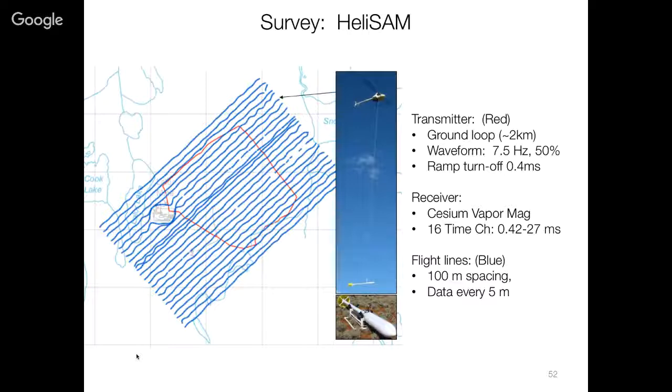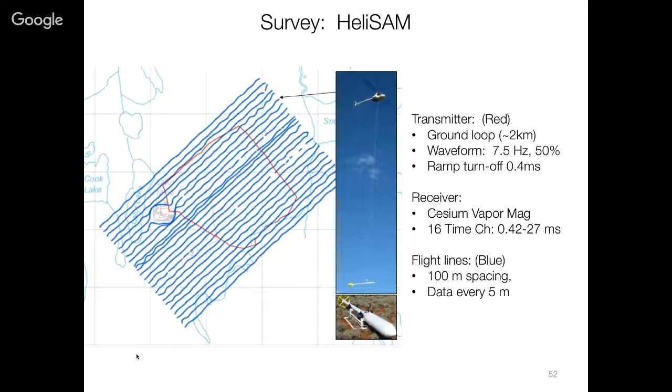And so here's a helicopter, here's the bird, and it's going to fly back and forth along these blue lines and acquire data every about 5 meters, and the line spacing is about 100 meters. So it's pretty dense coverage.